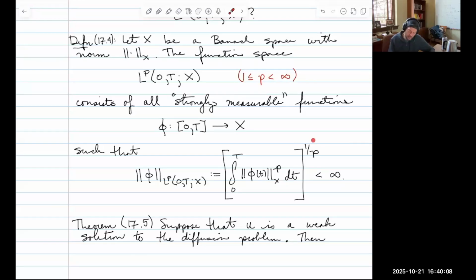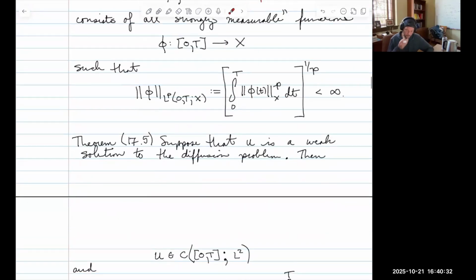And then I'm going to take the 1 over p power. That gives me the norm on that space. That's the norm that has to be less than infinity. If you find that it's less than infinity for these measurable functions of this type, then we say that function is in that function space. So that's what that function space means.